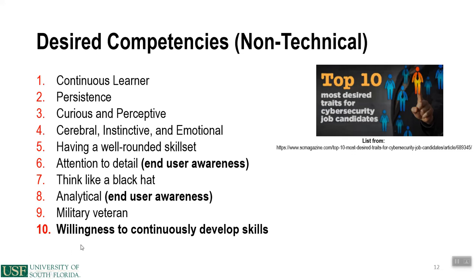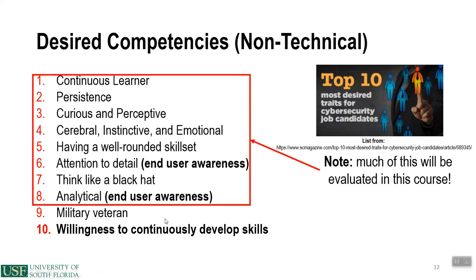For many of your military veterans, that's very helpful as well. And then most importantly is really the willingness to continuously develop skills. And much of this will be really evaluated within the course. And the willingness to develop skills will also be taught within the course as well, where in some of the assignments, I'll ask you explicitly, how does this relate to your particular job or your interests and so on, and provide specific examples.